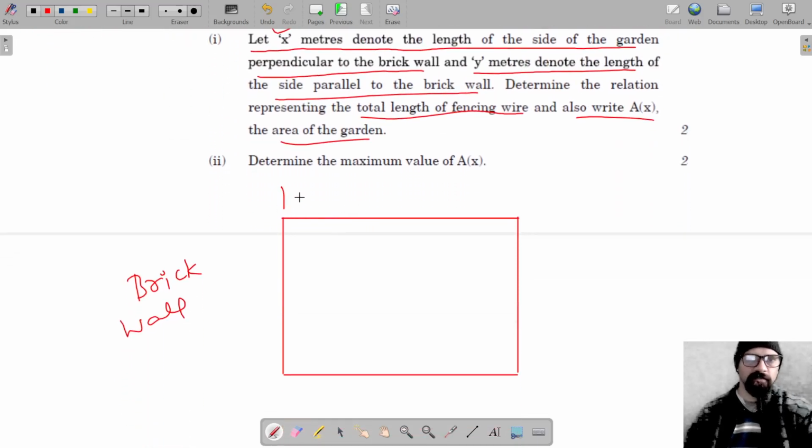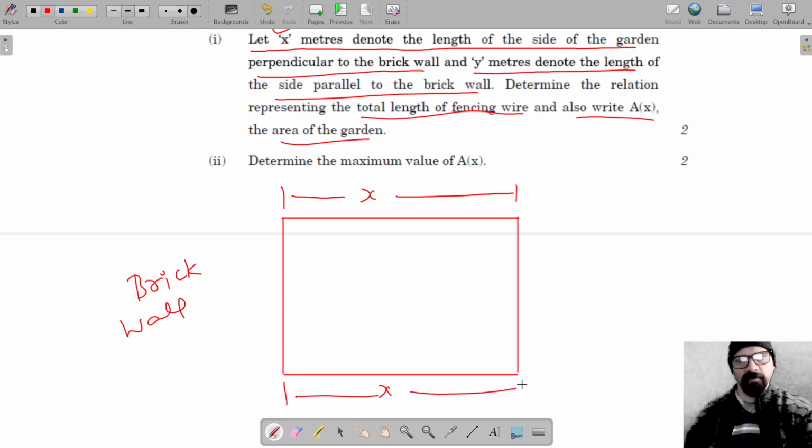So let me take this side, perpendicular to the brick wall, and let this be X. If this is X, this is also X because this is a rectangular garden. Now Y meter denotes the length of the side parallel to the brick wall, so the parallel side is this one and its length is Y.